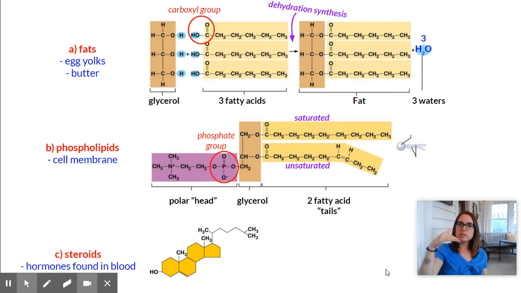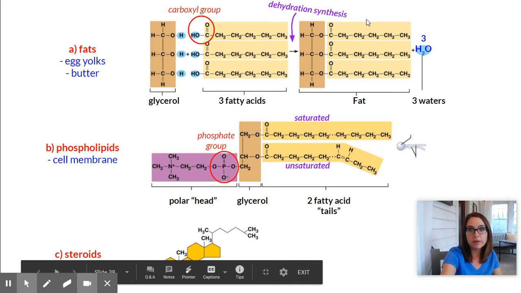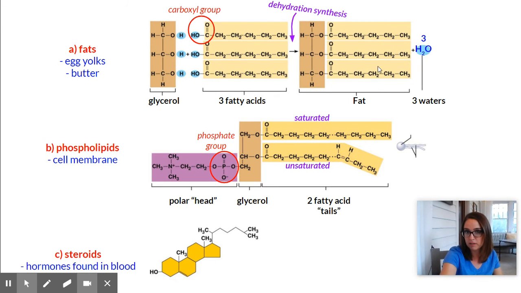What it ends up doing to the fatty acid is causing these little bends, these little kinks in it. Unsaturated fatty acids have that characteristic. So you can have fats up here that are saturated. In fact, these are all saturated fats pictured up above. Or you could also have unsaturated fats where there's a double bond as well.